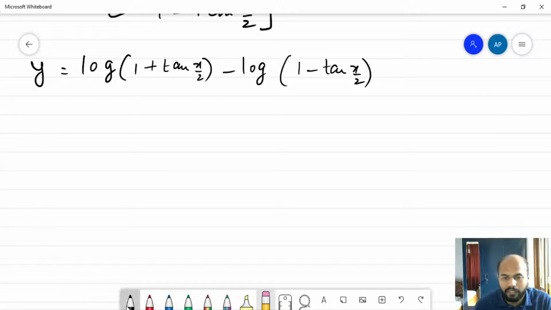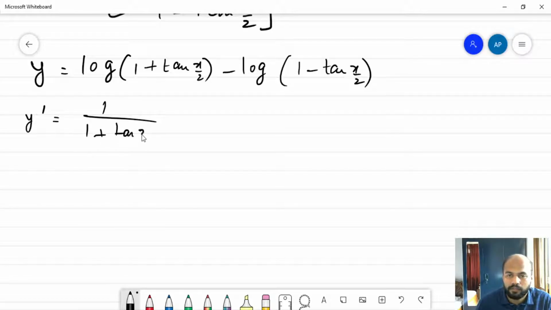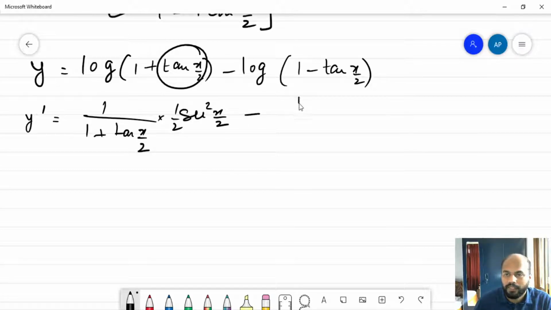Now I'm going to take the derivative of these functions. So y dash is going to be 1 by 1 plus tan x by 2 into half sec square x by 2, which is the derivative of tan x by 2, minus 1 by 1 minus tan x by 2, because there is a log. So whatever is there inside the log, that will come down.